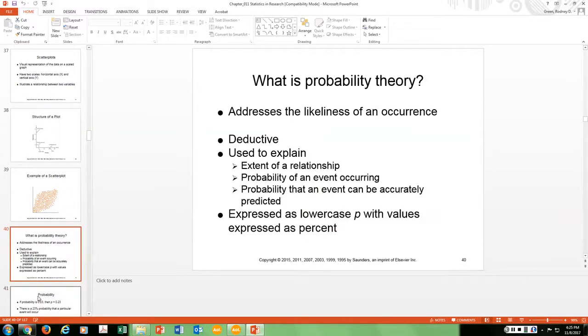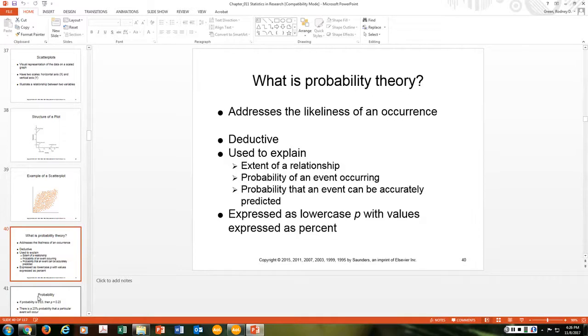And a probability score. Probability, what is probability theory? It addresses the likeliness of an occurrence.